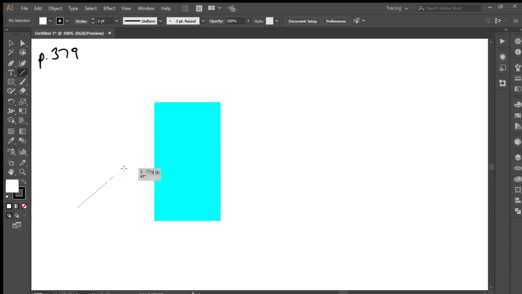Sorry, getting used to my tablet a little bit. So what happens when it hits the glass? Well, light travels at different speeds in different substances. We talked about this last week, that the denser the substance is, the slower it goes, right? So glass is more dense than air. So when it hits the glass, it's going to slow down.